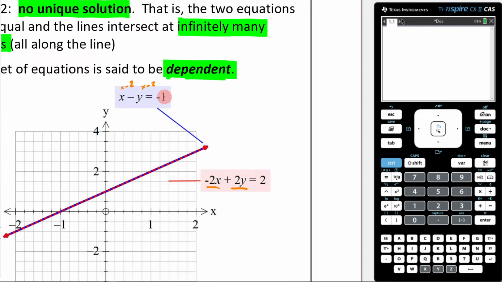And if I multiply this -1 by -2, well, -1 times -2 is positive 2. So do you see, by doing the same thing to each of these terms, it becomes the same line? And that's because it is the same line. So that's how you've got to recognize dependent things. When you can say, well, I can do the same thing to each of these terms here, and it's going to end up looking exactly the same as the other equation. Therefore, these equations are the same.